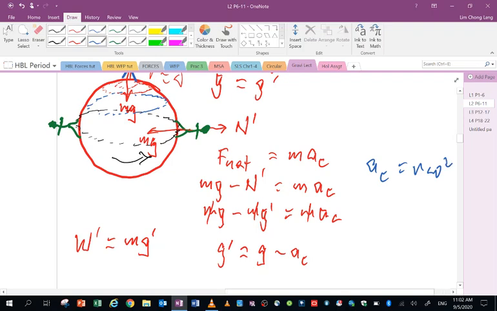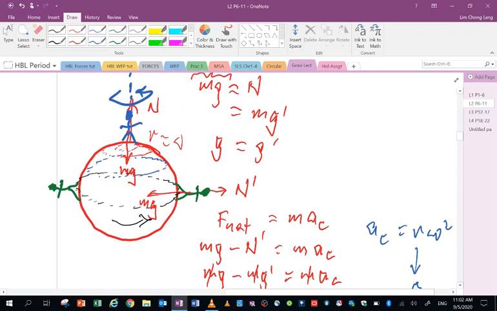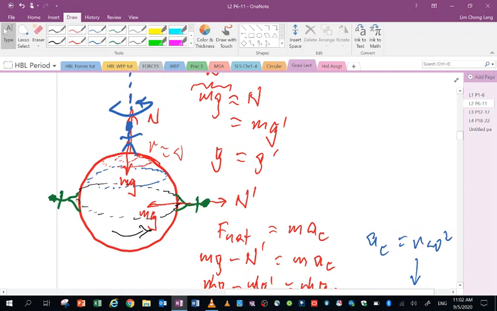As we move from the equator to the pole, r decreases until eventually r becomes 0 at the pole. So the true weight of the person is equal to the apparent weight at the pole.